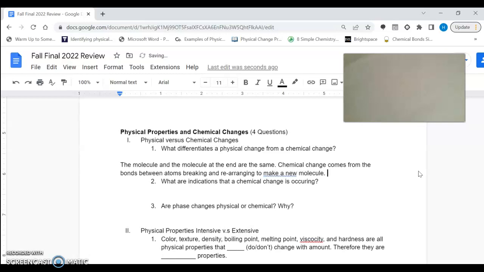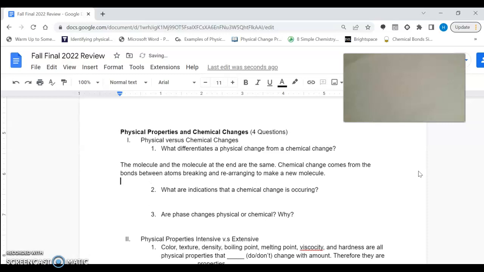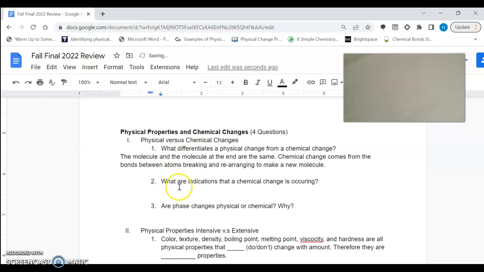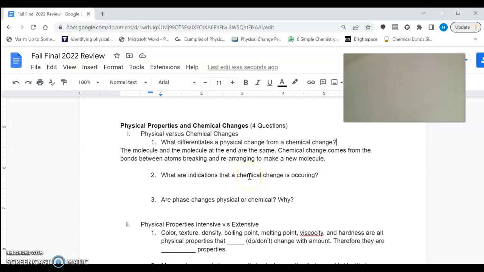For example, when you take baking soda and vinegar and mix them together, you make carbon dioxide gas. And that carbon dioxide gas was not there before. The carbon and oxygen that were part of the carbon dioxide gas are coming off of the baking soda and the vinegar. So that is the difference between a physical and a chemical change.